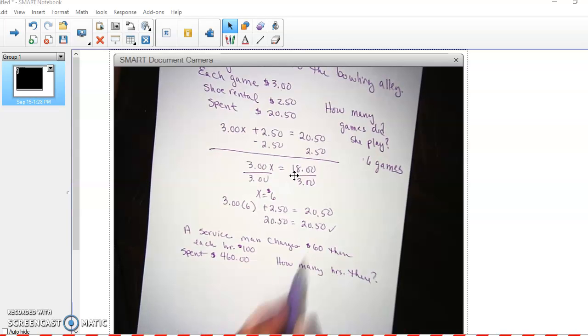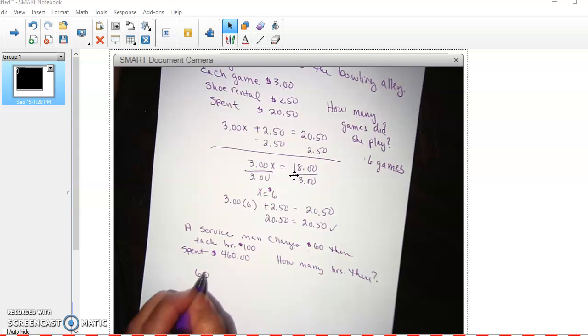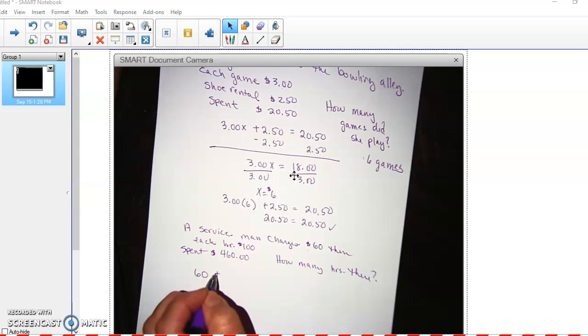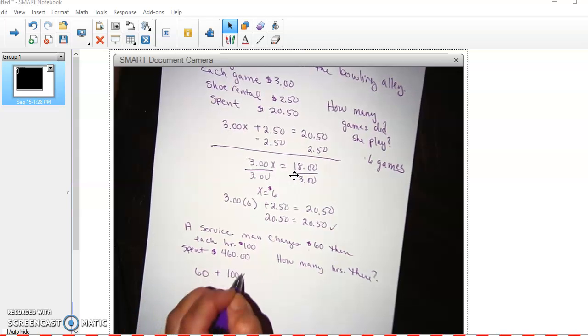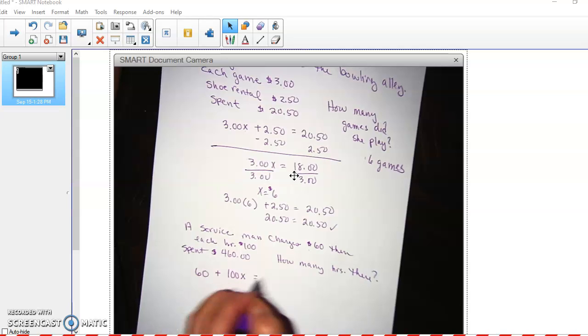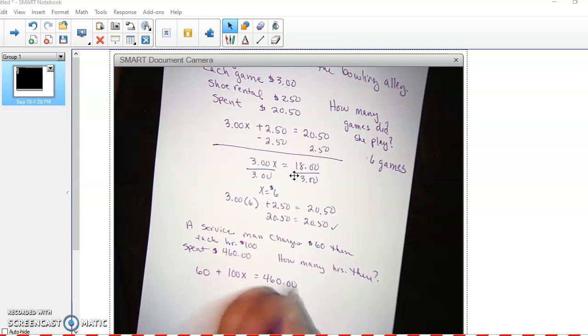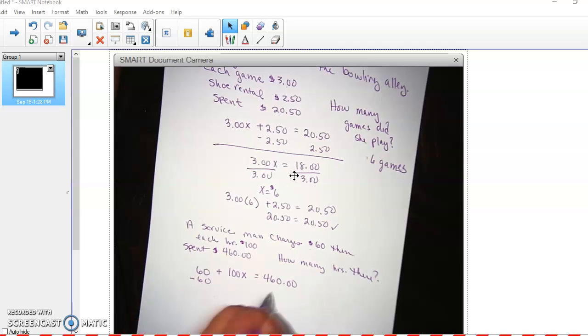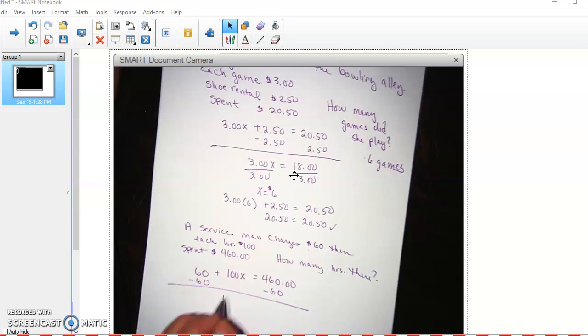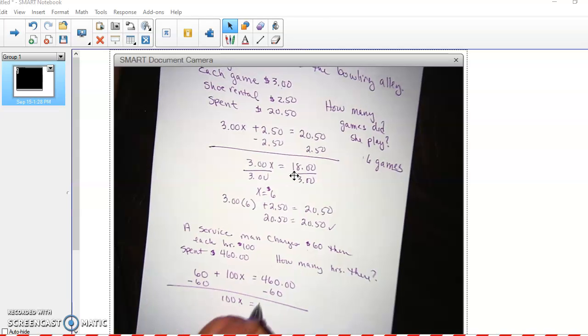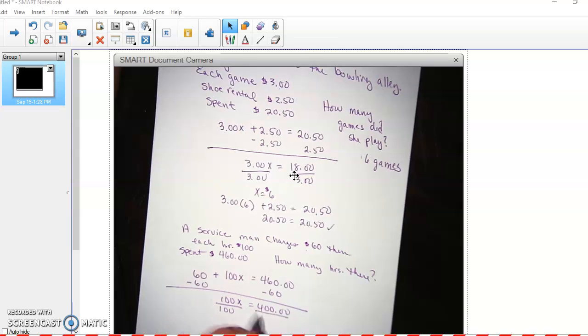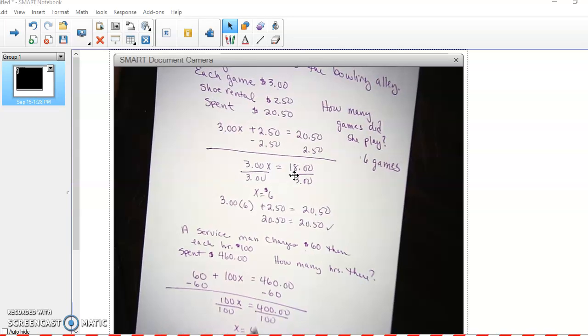So, it's $60 no matter what, right? And it's $100 per hour, every time you see an each or a per variable, and then we know they spent $460. So let's solve it. x equals 4 hours.